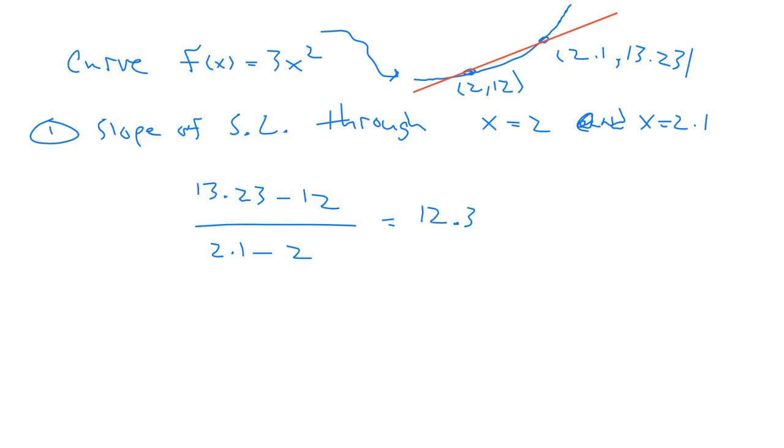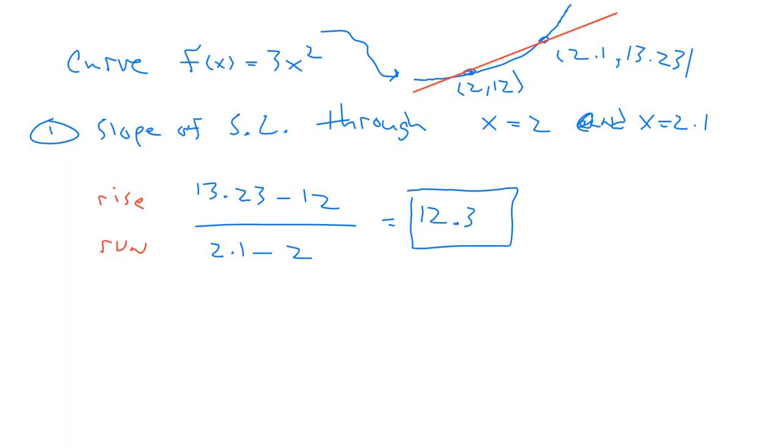So this is what the secant line is, and the question you would encounter is to find its slope, which is just the rise over run formula from algebra.